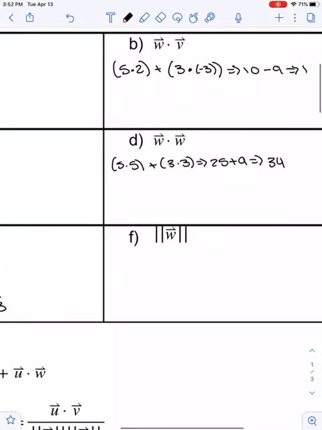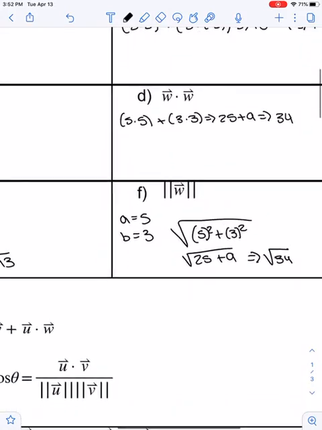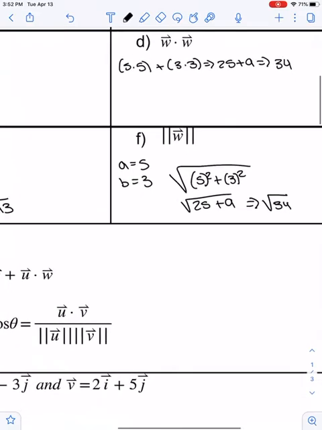And then we're going to do the magnitude of w. So a equals 5, b equals 3. So the square root of 5 squared plus 3 squared, we get 25 plus 9, which equals the square root of 34. As you're seeing, you're just plugging the dot product into that square root, and that's what the magnitude is for a vector. It's the dot product of the vector multiplying itself.